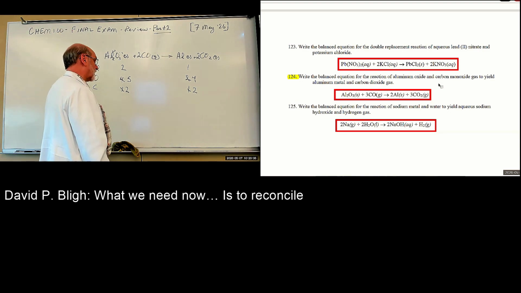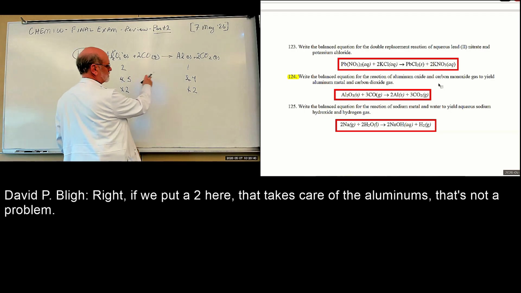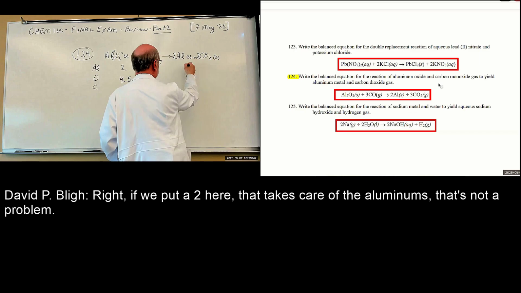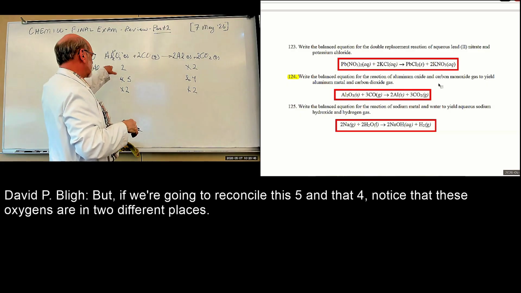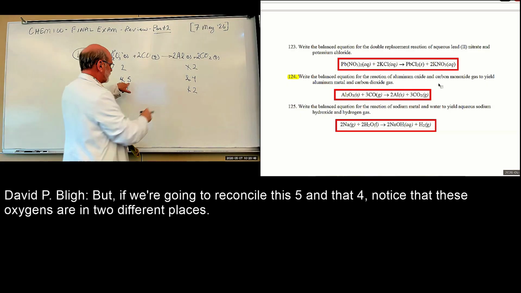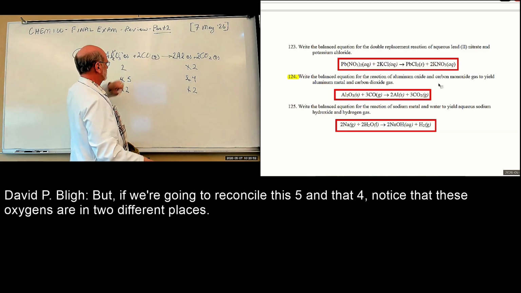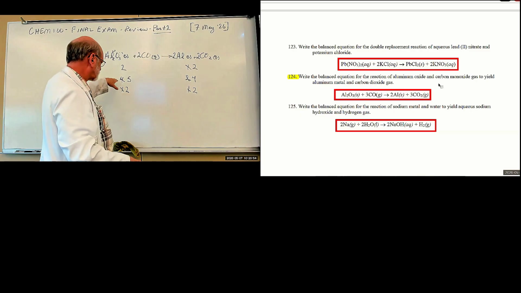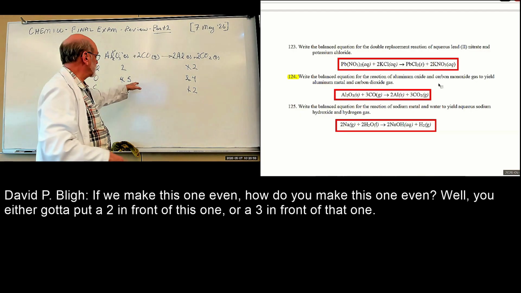What we need now is to reconcile, right? If we put a 2 here, that takes care of the aluminums. That's not a problem. But if we're going to reconcile this 5 and that 4, notice that these oxygens are in two different places. If we make this one even, how do you make this one even?